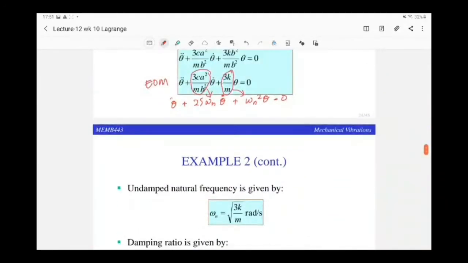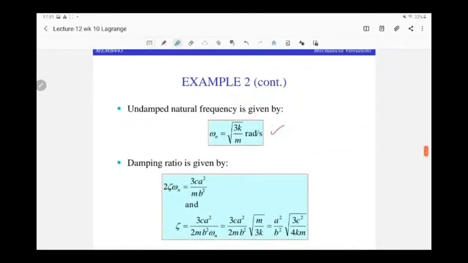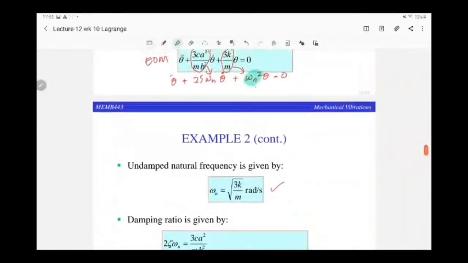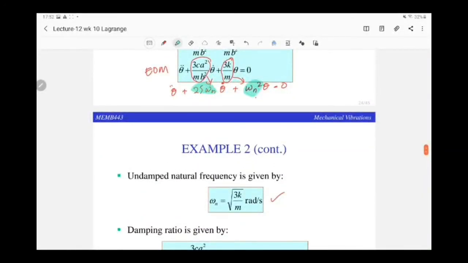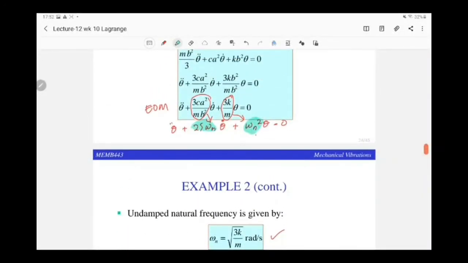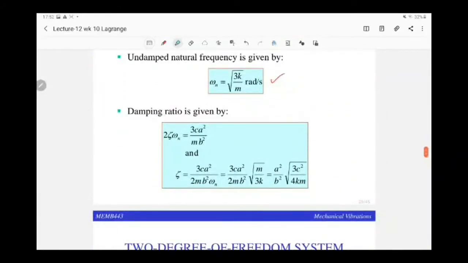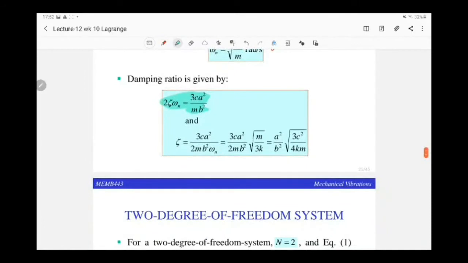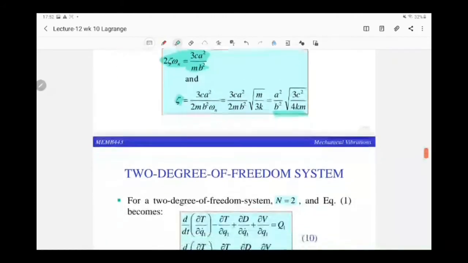From there you get your omega n from the expressions. You can also get your 2 zeta omega n here, which is equal to 3Ca over mb square. That's how you get these expressions. From there you can calculate your zeta, and this is the answer.